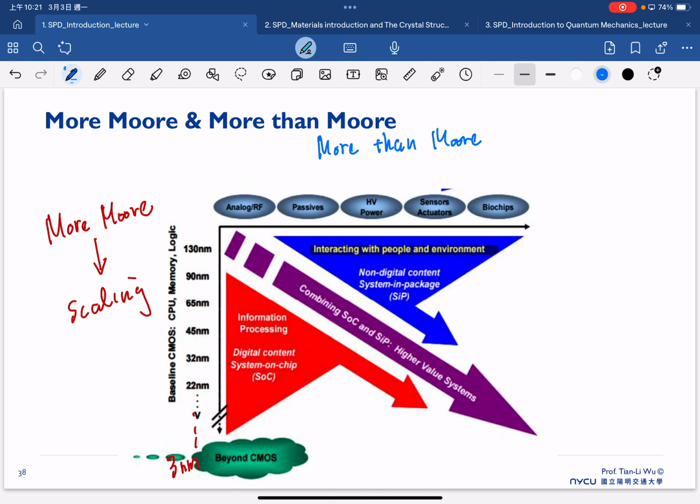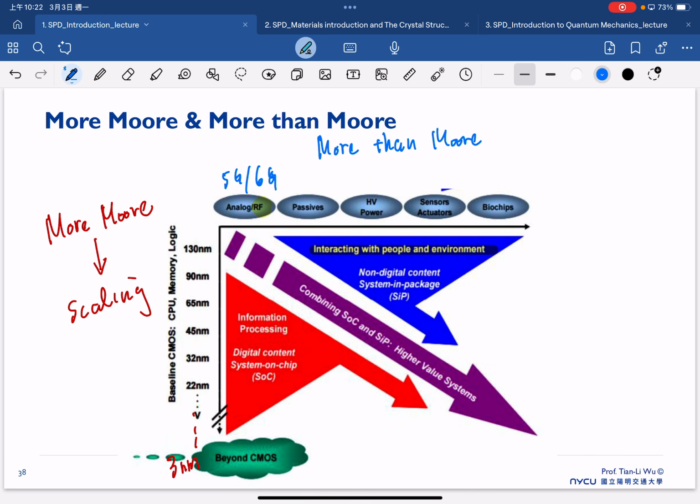For example, we have RF, which is nowadays the 5G and 6G technology, and this technology doesn't have to follow Moore's law and doesn't have to be scaling. Of course, scaling also brings some benefit, but it's not a very hard requirement.